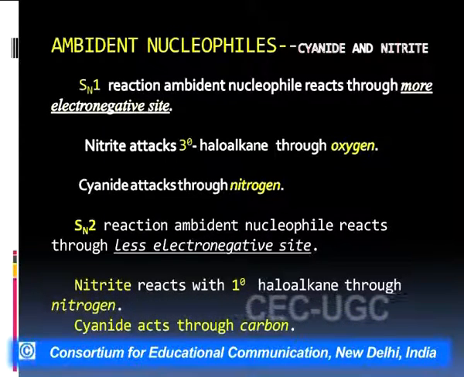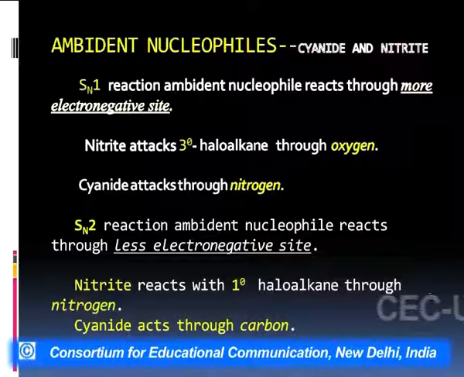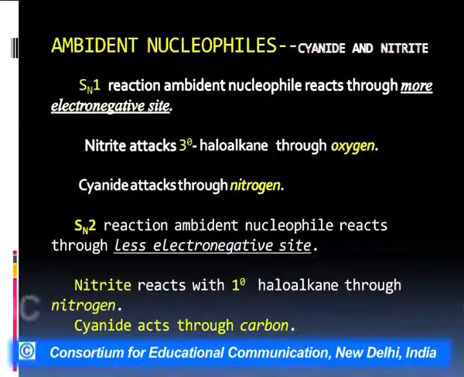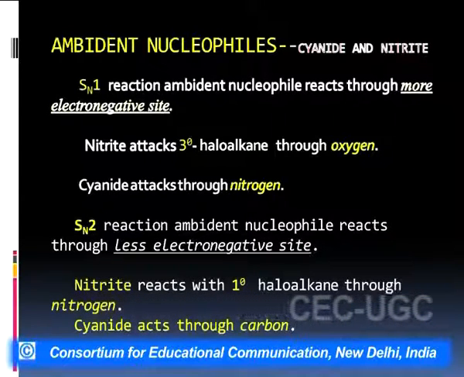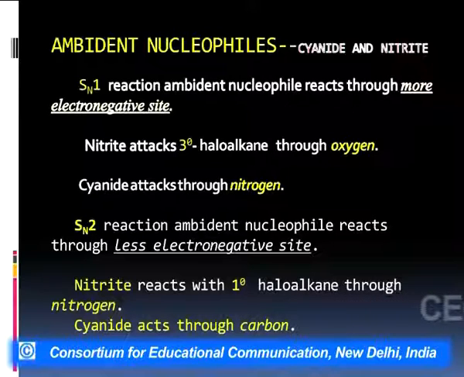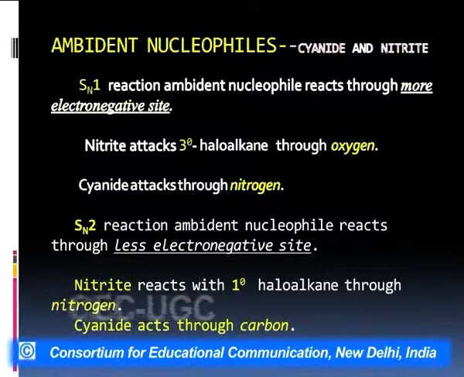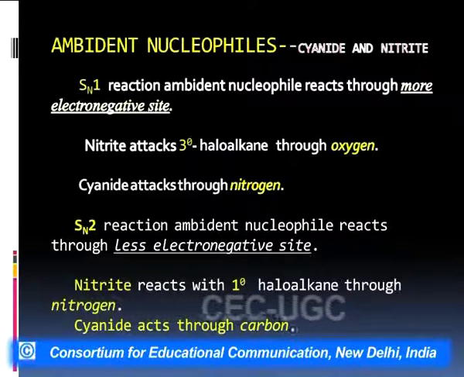If we look at SN2 reactions, the attack will be through the less electronegative atom. In this case, nitrite will react with primary alkyl halides through its nitrogen, and cyanide will form a bond through carbon.